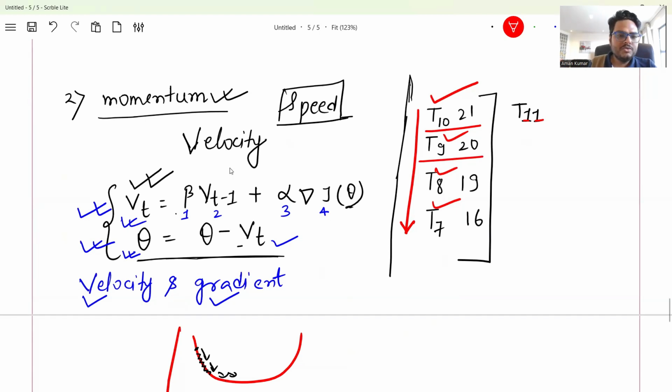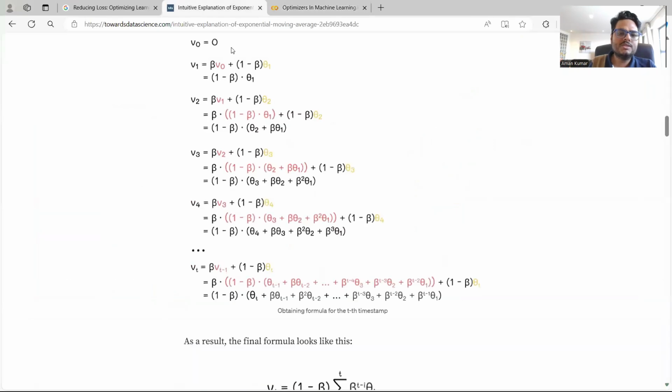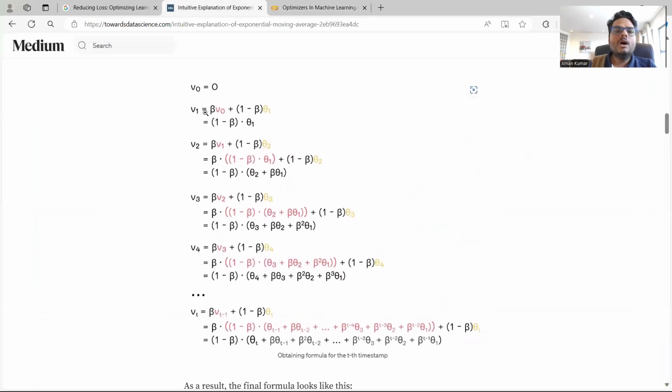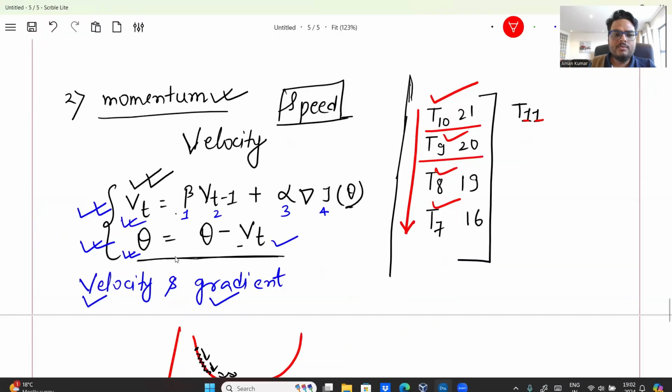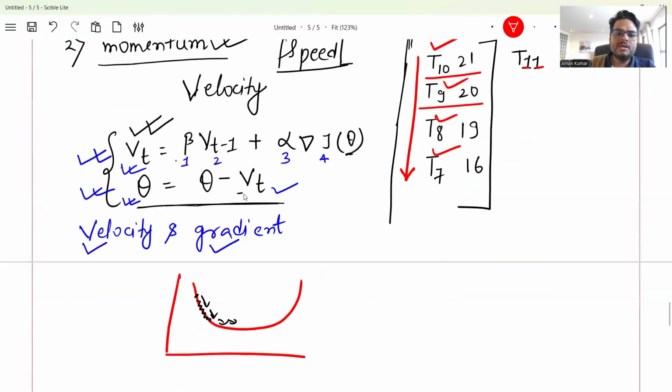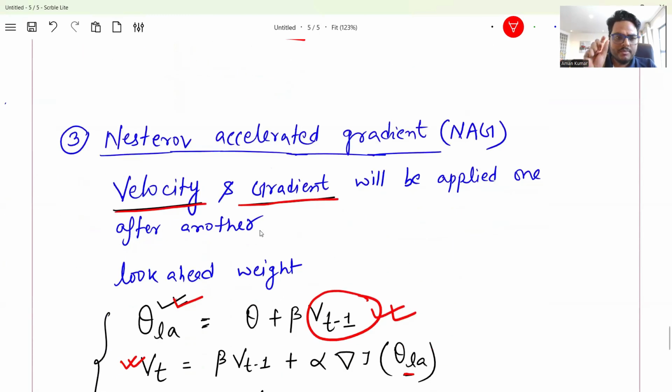I explained using this gentleman's example how more weightage is given to recent values and less to far values. That way we learned how the velocity is computed and how the weight is updated using velocity.